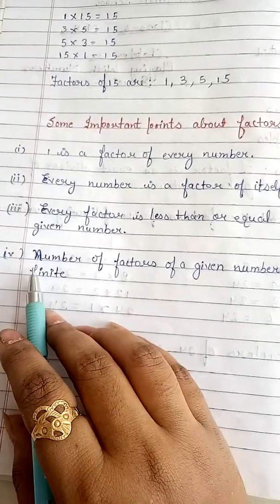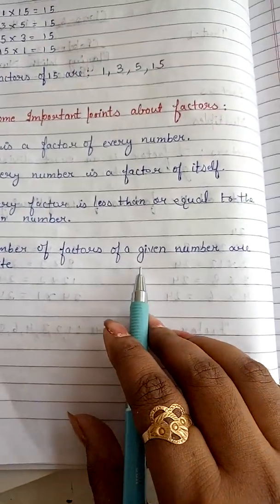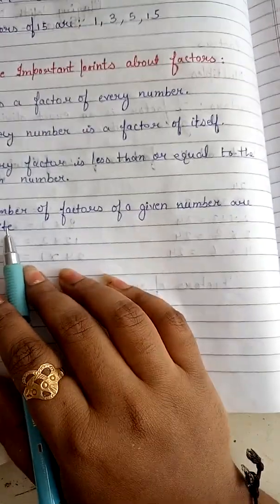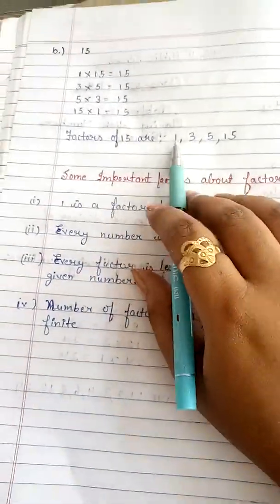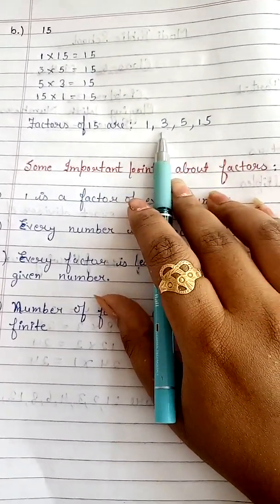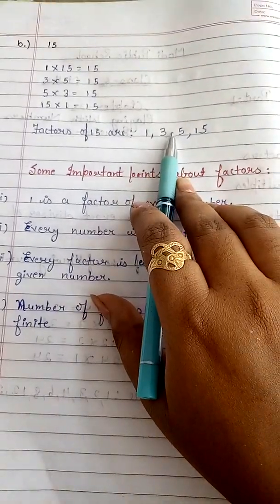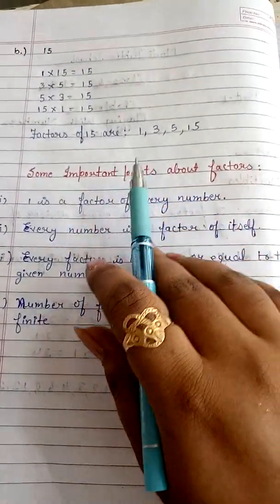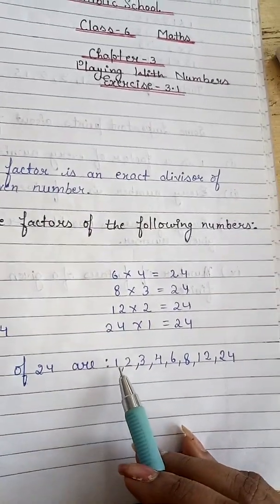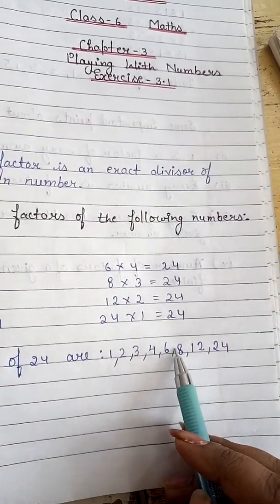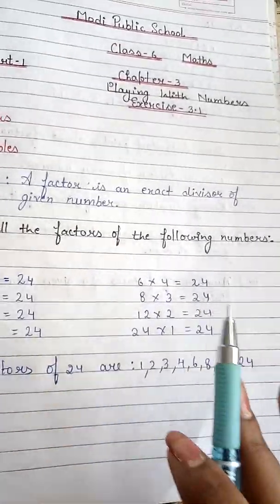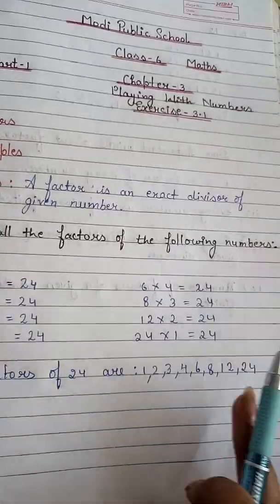The fourth point is that the number of factors of a given number is finite. It means that whenever we calculate factors, their number will be countable. Like 15 has 4 factors, and the example we did earlier had 8 factors. So any number will always have a finite number of factors.